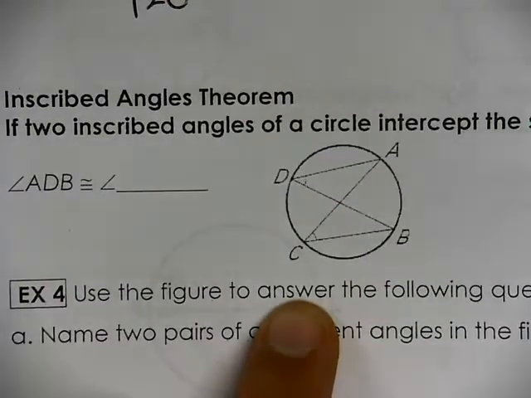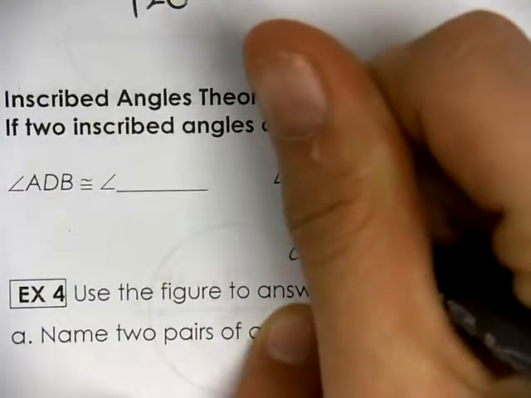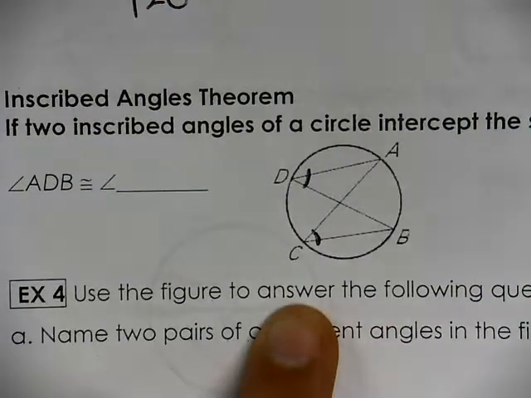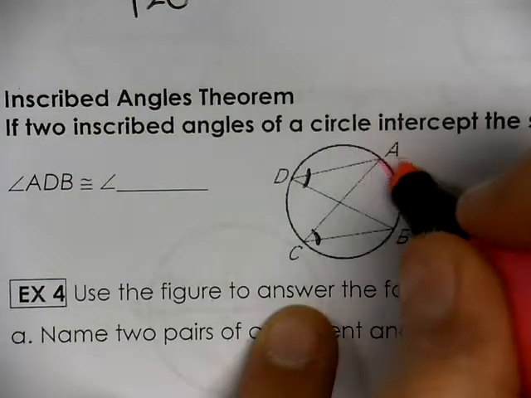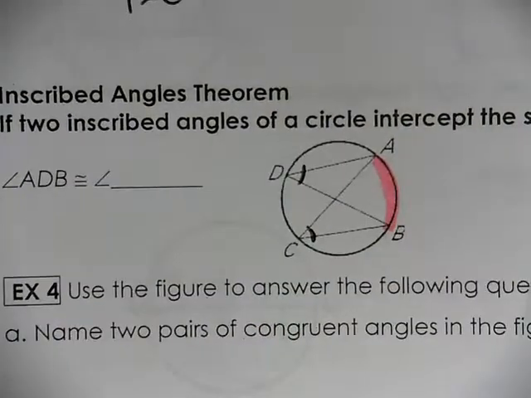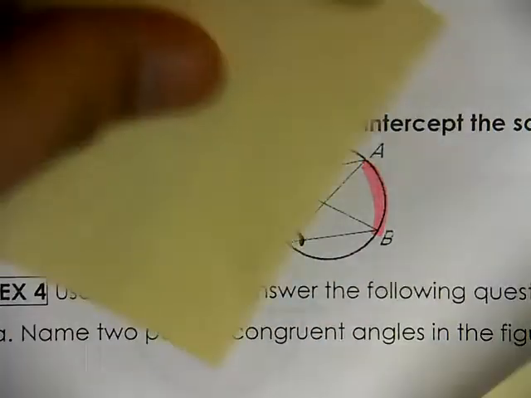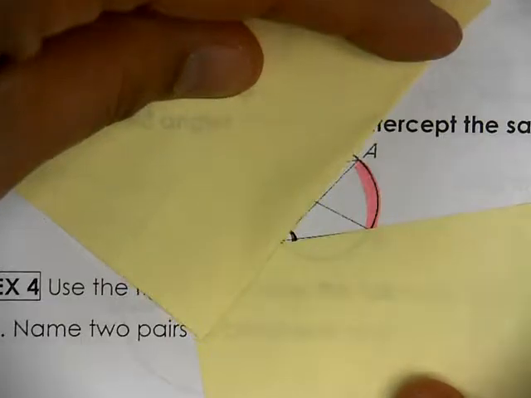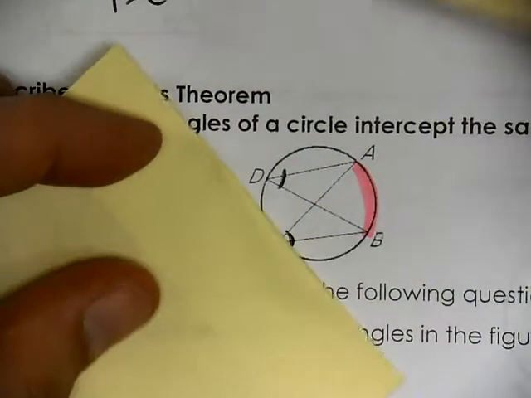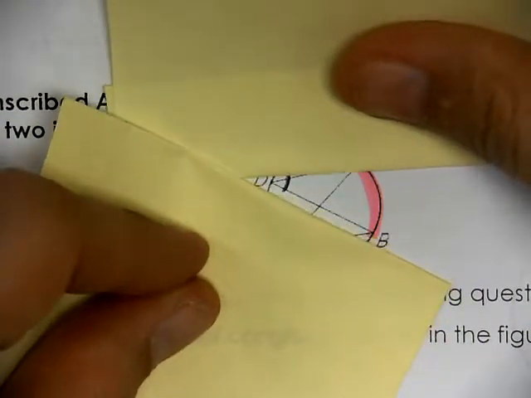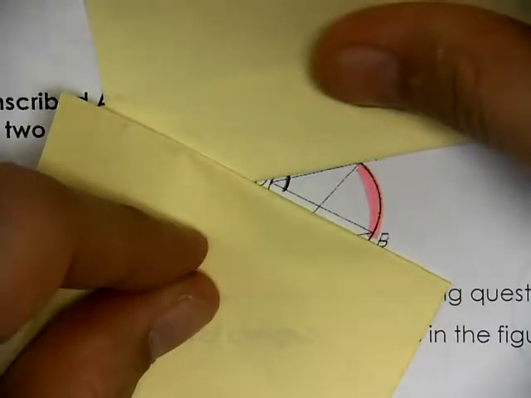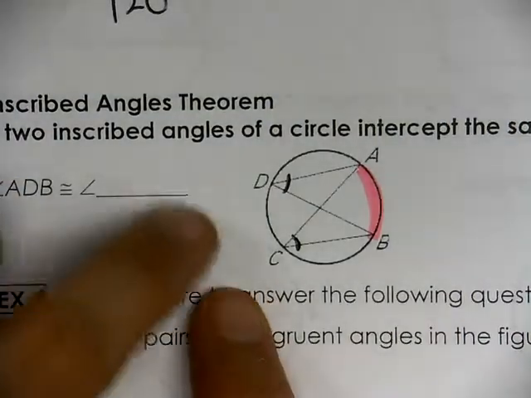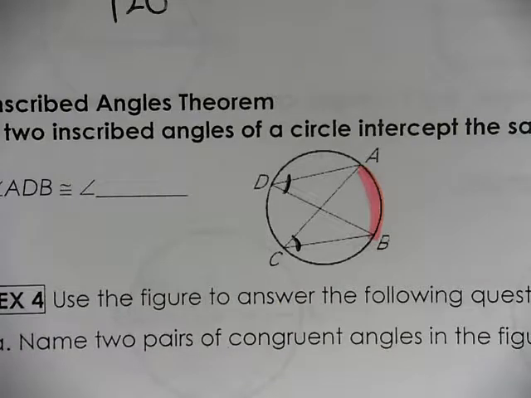angle D and angle C are both inscribed angles that intercept or shine on arc AB. Because if you look, see how C shines on AB? And then see how D shines on AB? What I like to think about is if C and D were almost 2 spotlights in a theater. They're shining onto the same person.